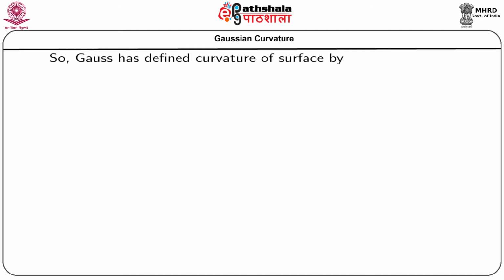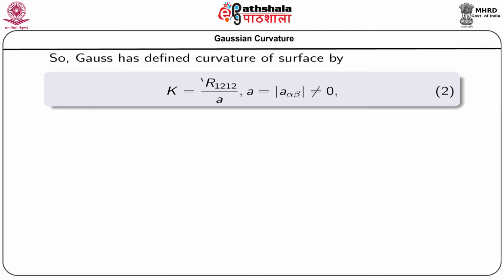So, Gauss has defined the curvature of the surface, denoted by capital K, as equal to R dash 1212 by a, where a is the determinant of a alpha beta, which should not be equal to 0.